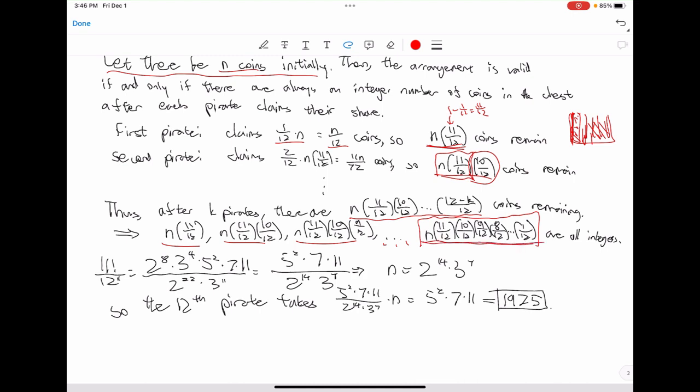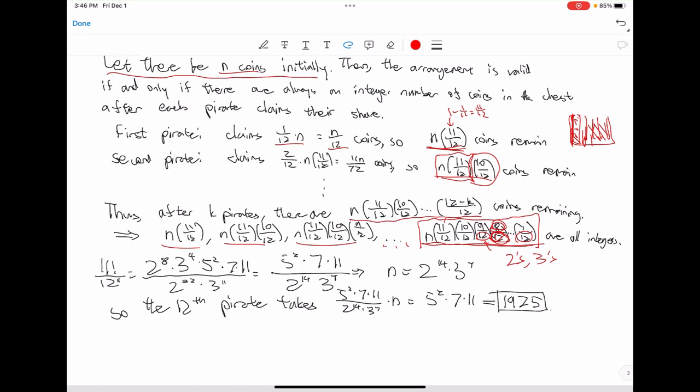Now, why is this? Well, first of all, notice that the denominator contains a lot of powers of 2s and 3s. And the numerator will not be able to balance that even with 2 to the power of 3 here, because every time, 12 will add 2 powers of 2 and 1 power of 3, and the numerator won't be able to catch up with that and balance them out.